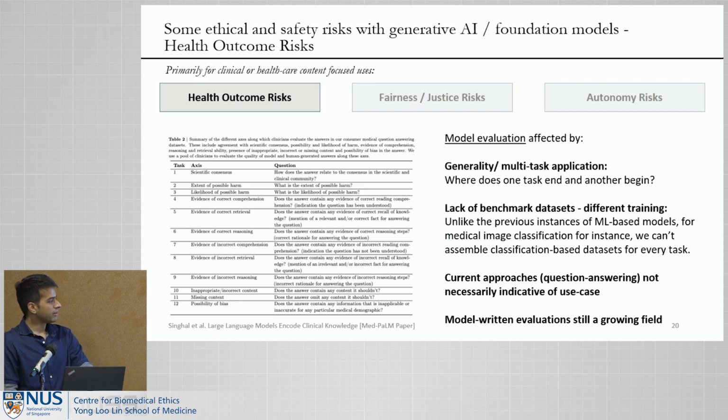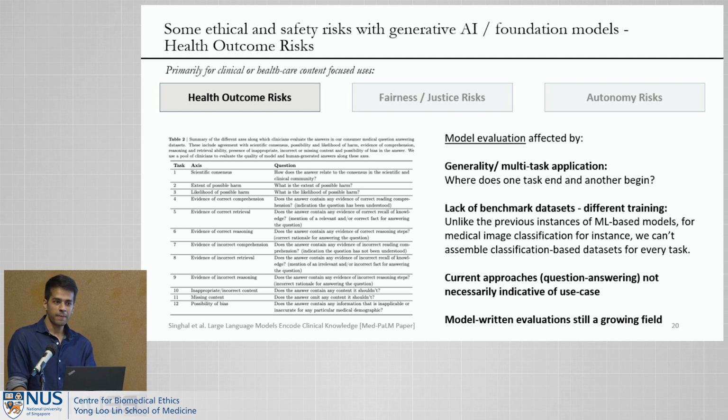There is an interesting field of model-written evaluation still that's growing. The idea being that, well, if you can't have these models evaluated by putting them against a data set, let's use large language models to evaluate large language models. And to be fair, this has shown certain promise, right?